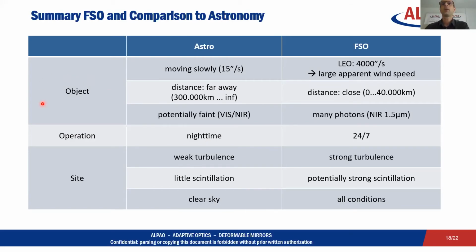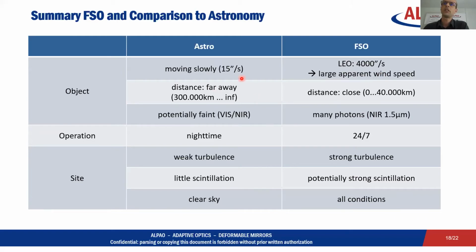In terms of object, in astronomy, objects are moving slowly. Sidereal tracking is 15 arc seconds per second. In FSO, it depends on the orbit. GEO is 0, but LEO can be as fast as 4,000 arc seconds per second, which leads to gigantic apparent wind speeds that need to be handled by the speed of your AO system.